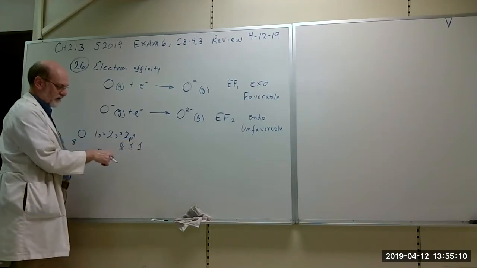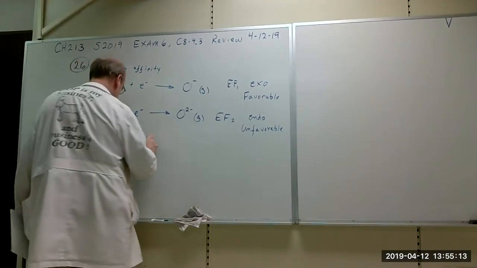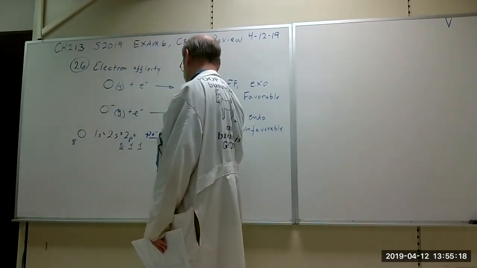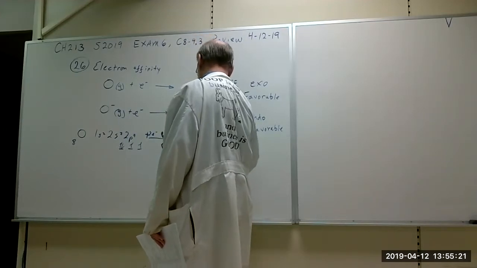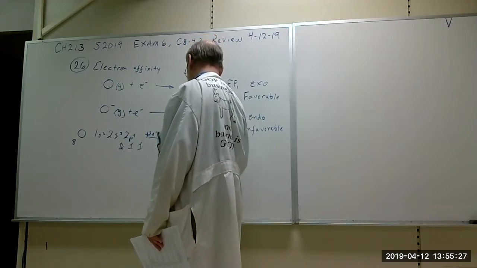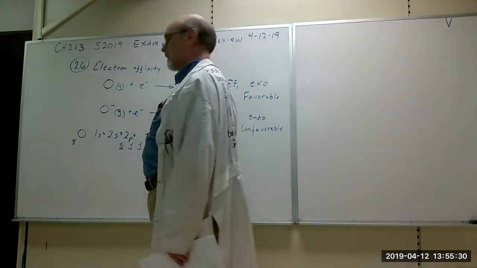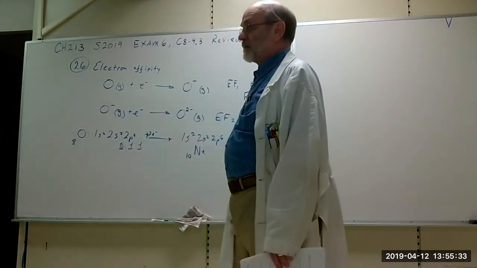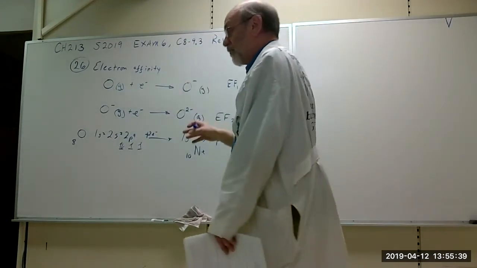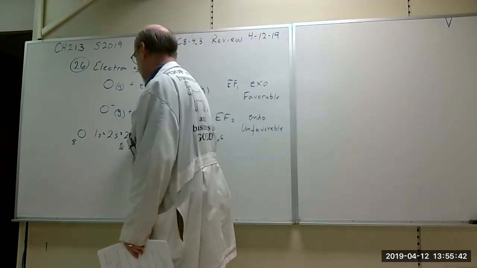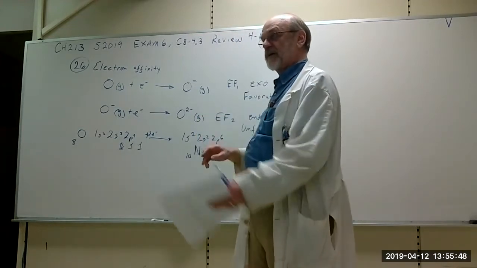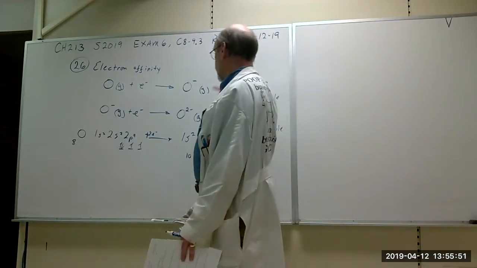If we can put 2 electrons in there, plus 2 electrons, what will it look like? 1s2, 2s2, 2p6, which is neon. It looks like neon, and that's another way to think of it. Completing the octet is a desirable reaction to satisfy unfilled orbitals. So that's another way to rationalize why oxygen would have 2- if this one's favorable and that one's unfavorable.